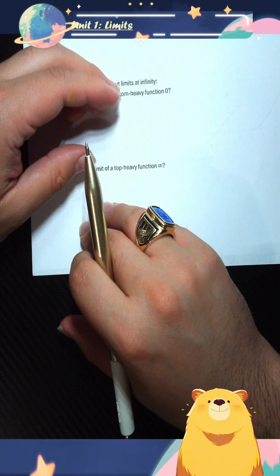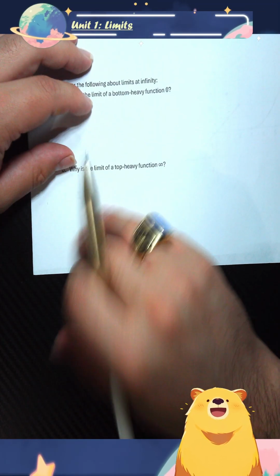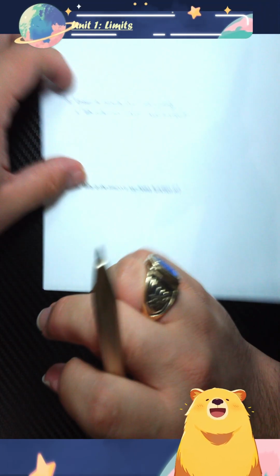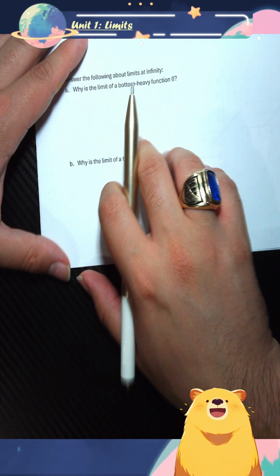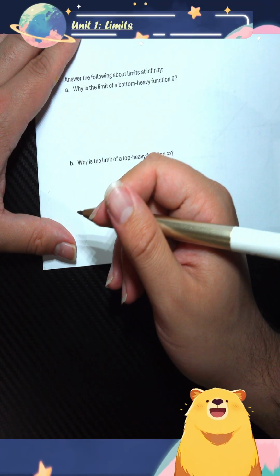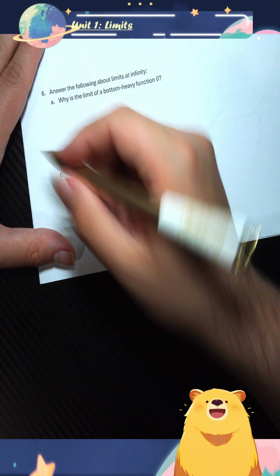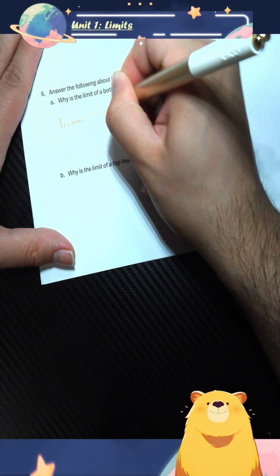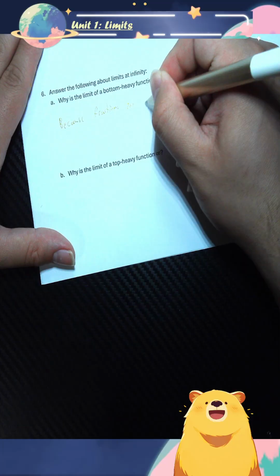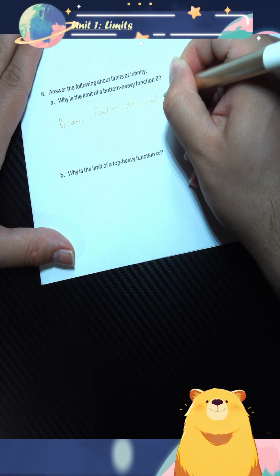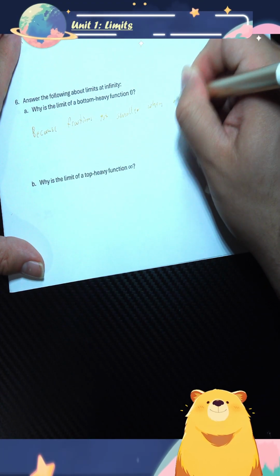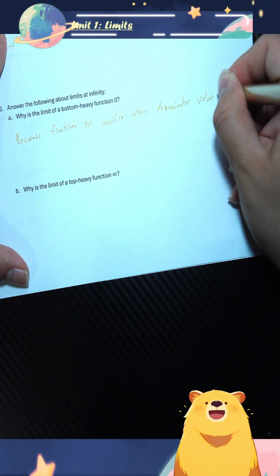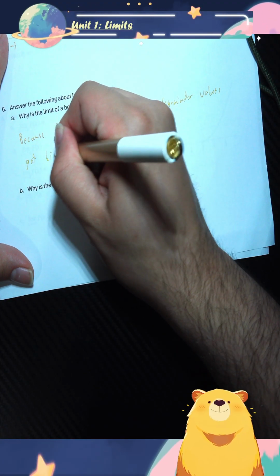If you take a smaller number divided by a bigger number, and you repeat that process to where the numerator is really tiny but the denominator is really huge, then that's going to be a number approximate to 0. So because of that logic, let me write it like this: because fractions get smaller when denominator values get bigger.